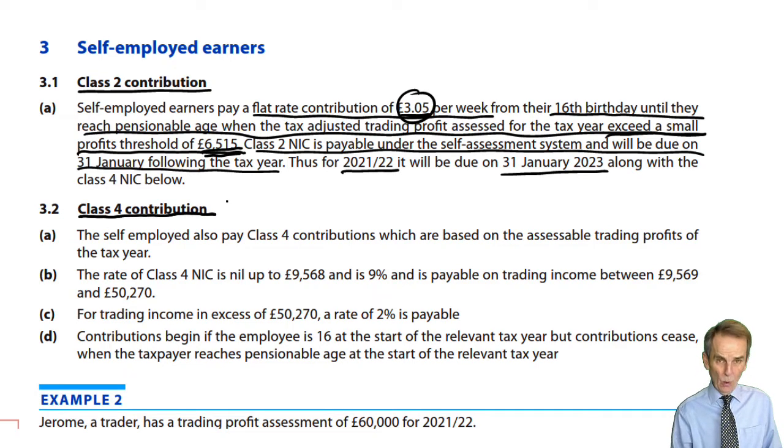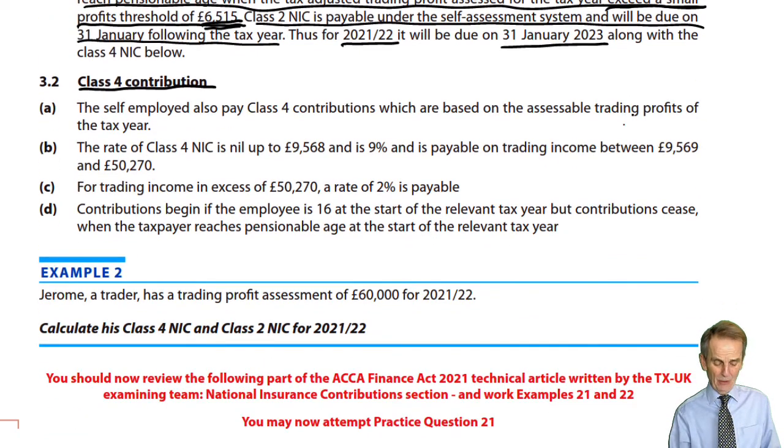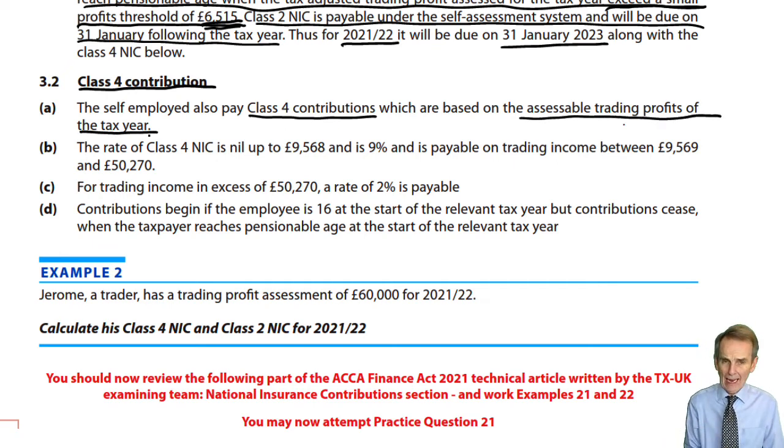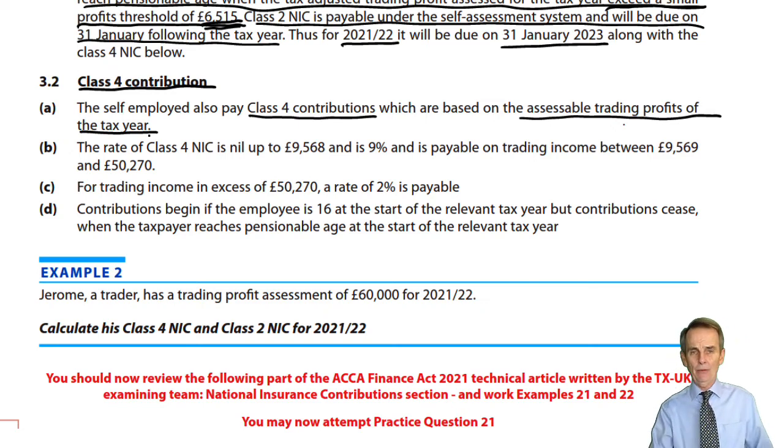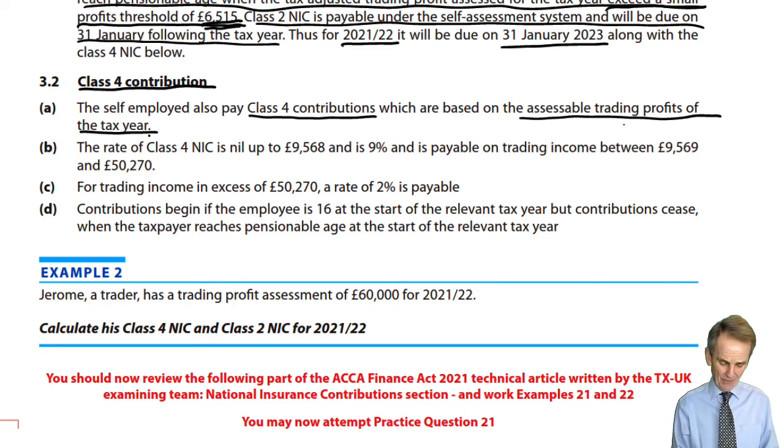The much more important one, and by far the greater figure, the Class 4 contributions. The self-employed pay these Class 4 contributions, which are based, of course, on our assessable, our adjusted trading profits of the tax year. Whatever we found in our working back in Chapter 4 and Chapter 5, whatever we established as the tax-adjusted trading profit of the accounting period, then in relation to the tax year for which it is assessed, we will have our assessment.